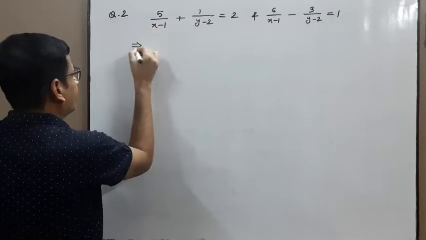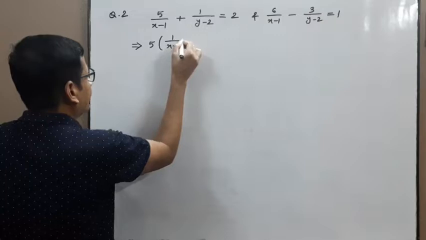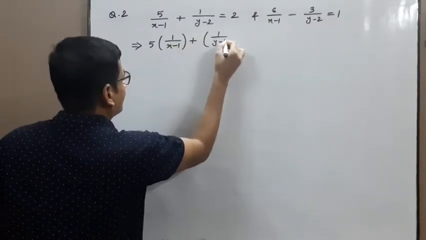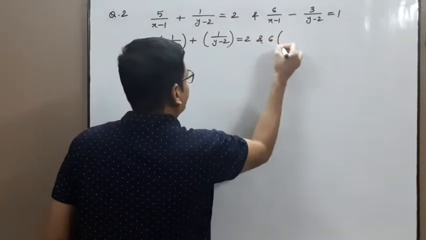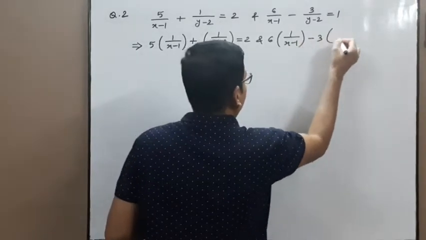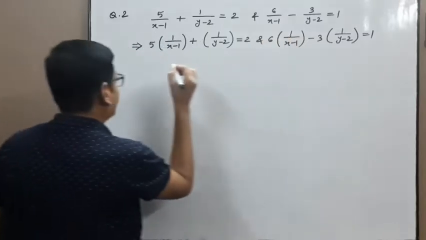This equation can be expressed as 5 into 1 upon x minus 1 plus 1 upon y minus 2 is equal to 2, and 6 into 1 upon x minus 1 minus 3 into 1 upon y minus 2 equal to 1.